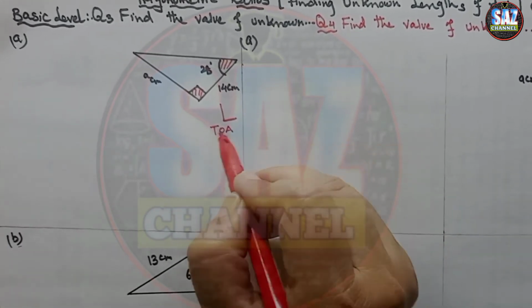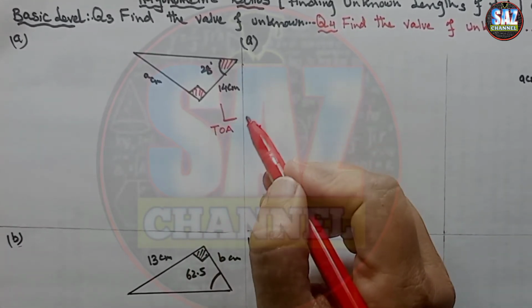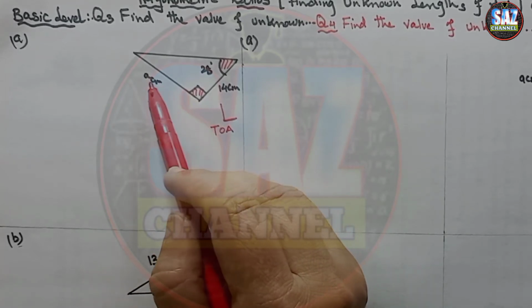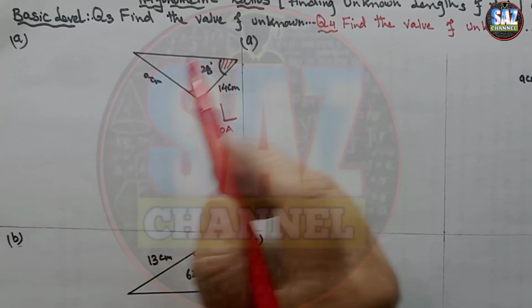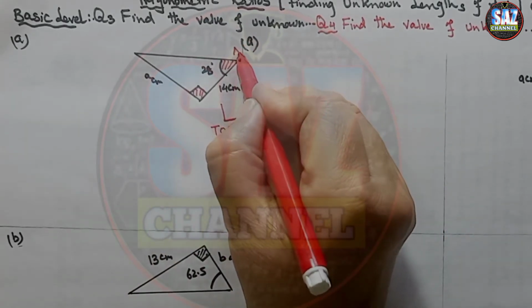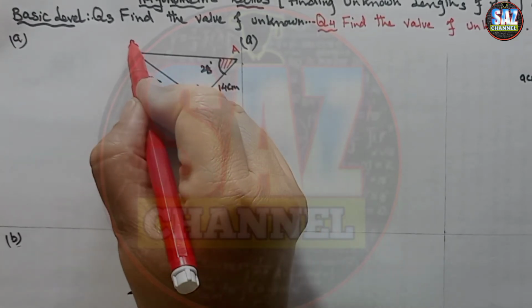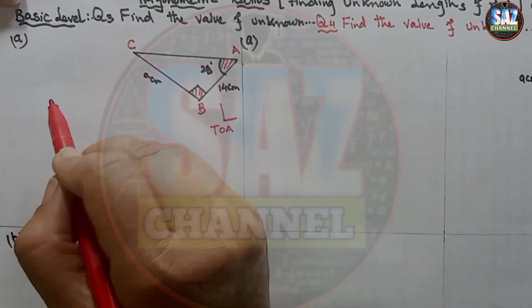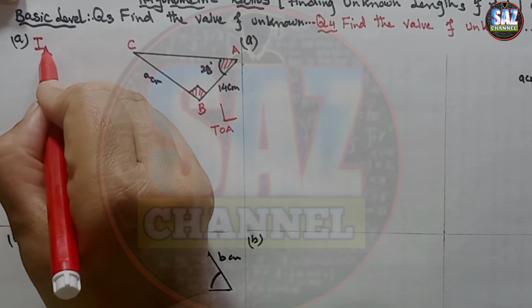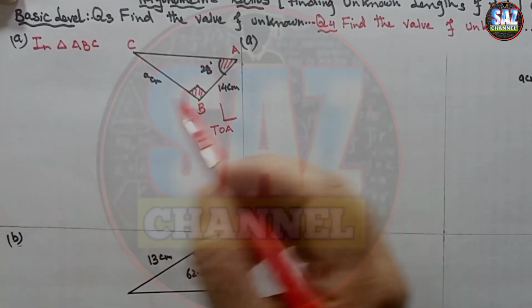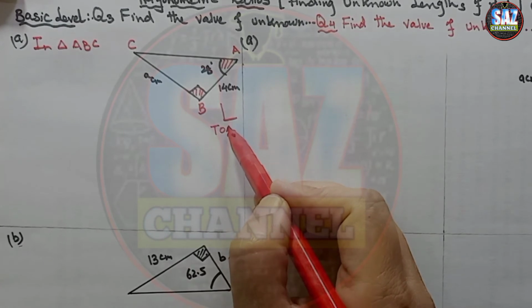After deciding the trigonometric ratio, it's really good to write the vertices of the triangle. As this side is small a, this vertex will be capital A, and the rest two vertices can be any, B and C. Now in triangle ABC, we have decided that we are going to apply tangent here.